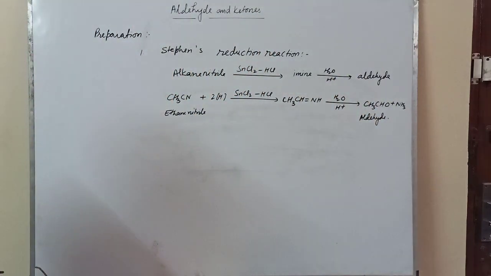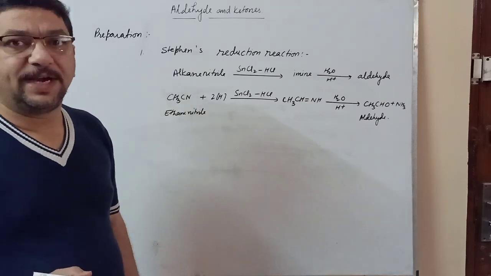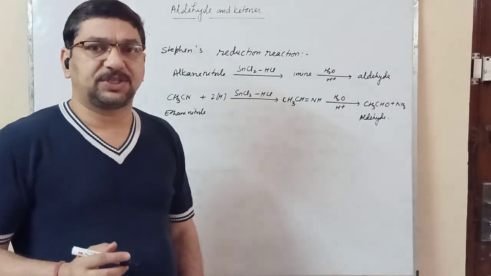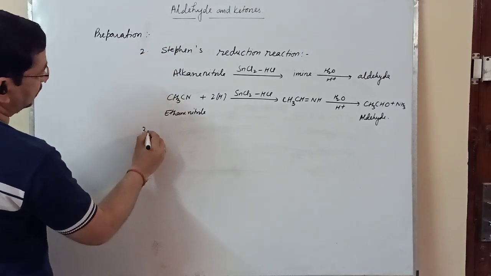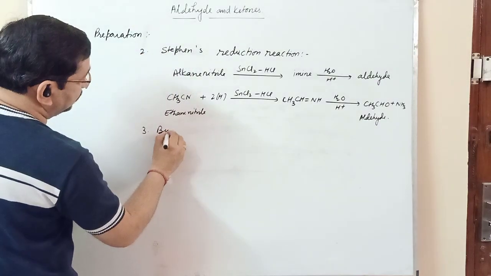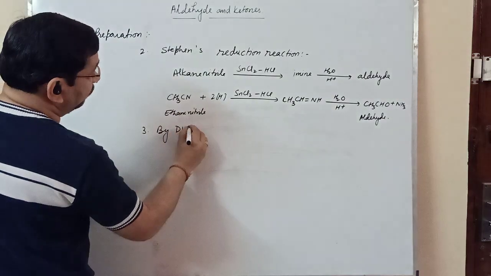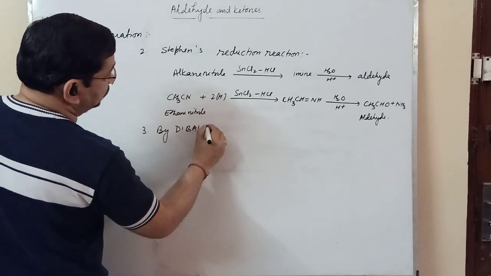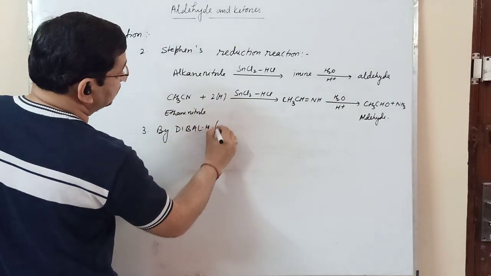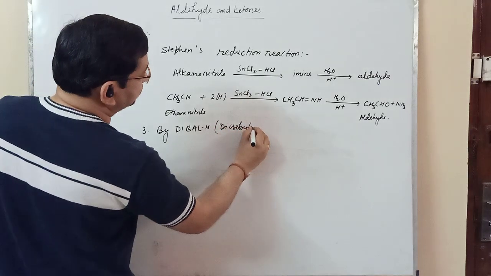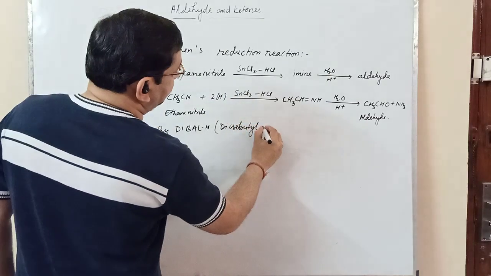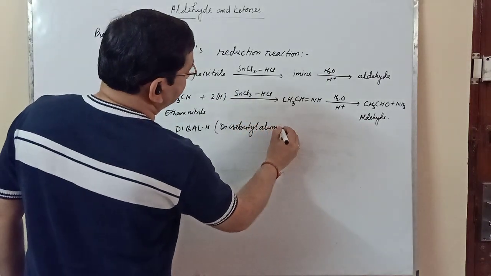Alkane nitrile can also be converted into aldehyde by using DIBAL-H. This is the second and third method now, by DIBAL-H. DIBAL-H is diisobutyl aluminium hydride.